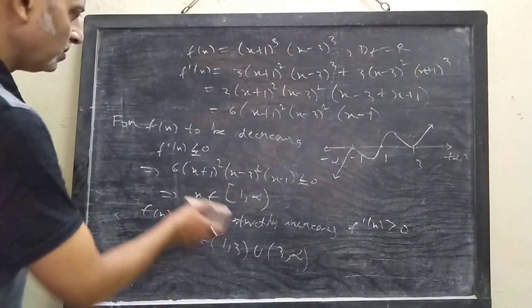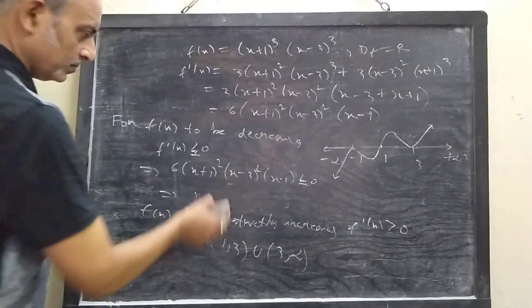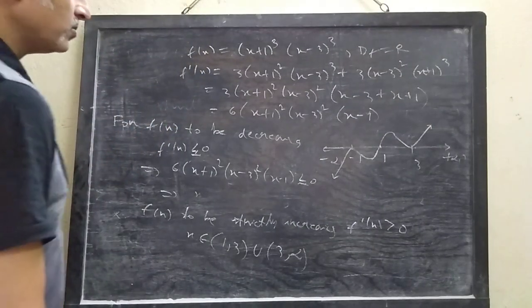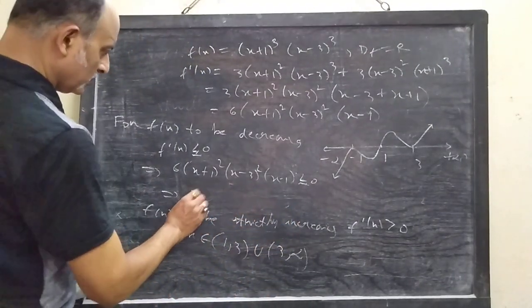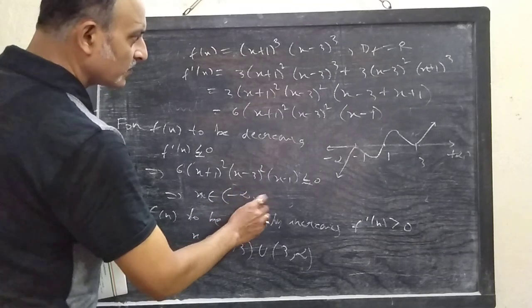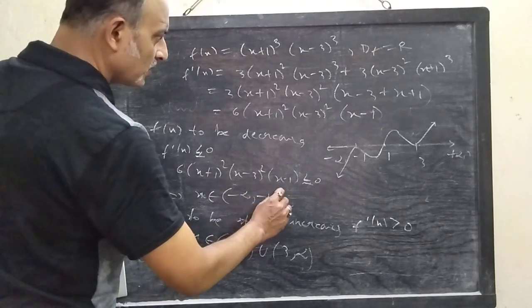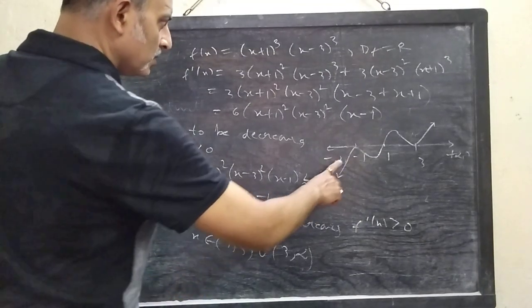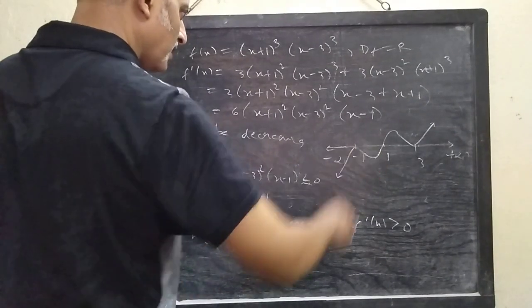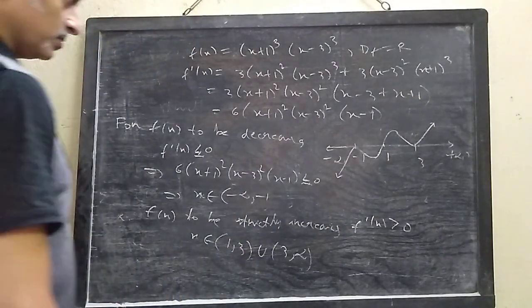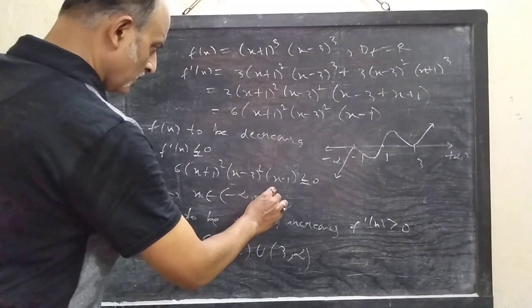Then the solution will be lesser equal to 0. So x will belong to -infinity to -1, and -1 to 1 closed.